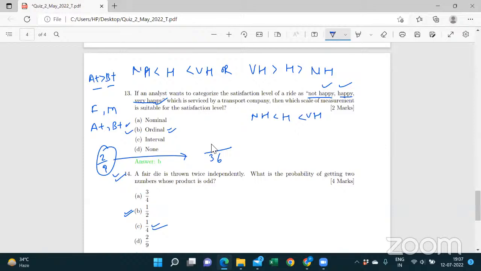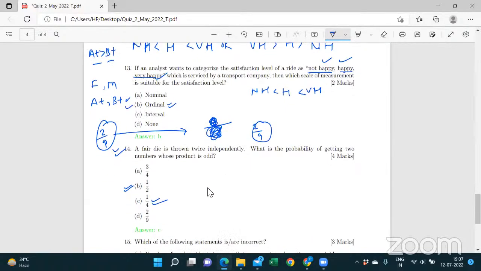The fraction came somewhat like 2 by 9. No, actually 2 by 9 is not the correct answer. I saw the answers today. So what is wrong in my approach, sir? Your approach was correct, but somehow you counted wrong.